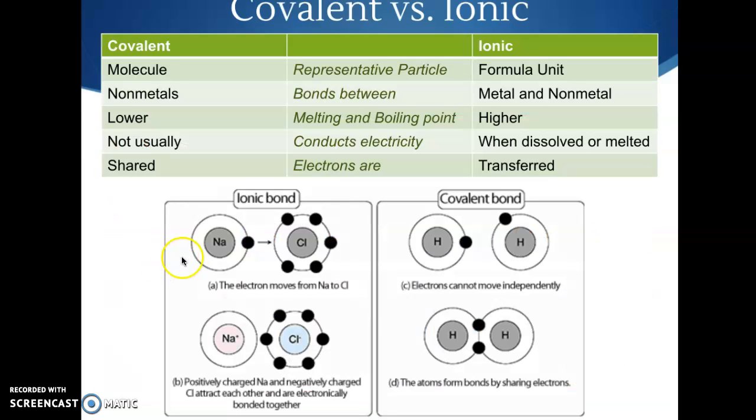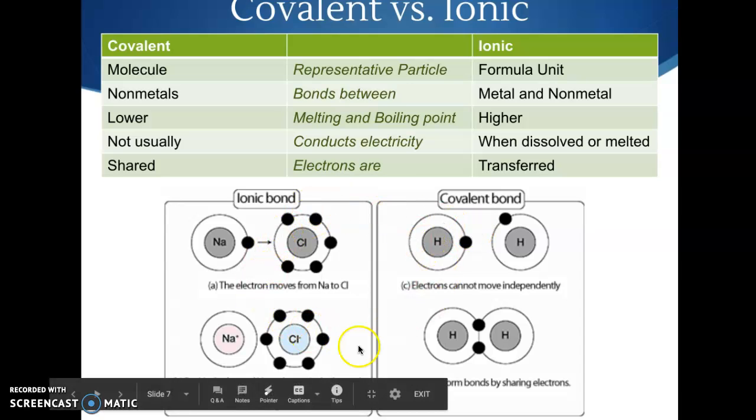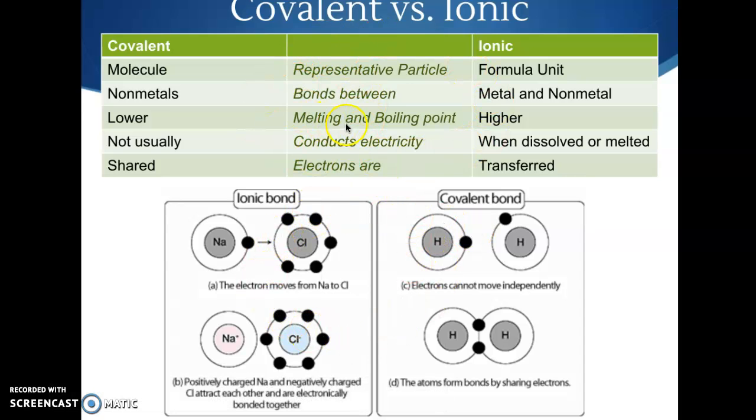Okay, the last part for section 8.1 is that you want to know the differences between covalent and ionic compounds. So you want to copy down this whole table right here. Don't worry about the drawings down here, but make sure you get this table up here because it shows some of the key differences between covalent compounds, which we're covering in chapter 8, and ionic compounds, which we covered in chapter 7.